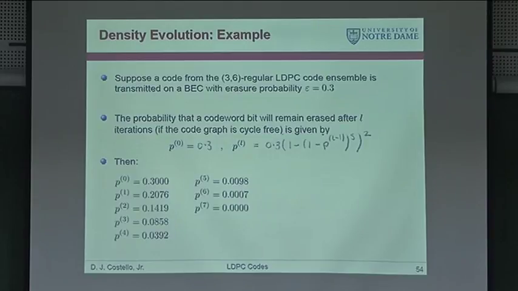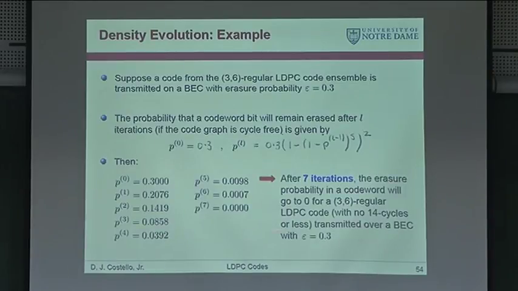For example, you may say what's important to me is 10 to the minus 8 error probability. So you could keep doing this until you get to 10 to the minus 8. And if you get that low, that tells you that you should be able to get that error probability for that epsilon, for that channel. So after 7 iterations, the erasure probability goes to 0.